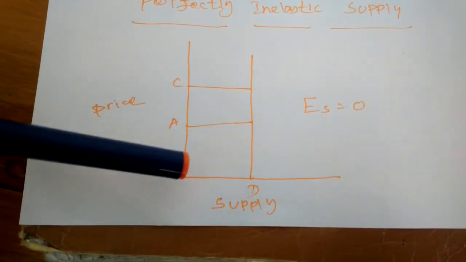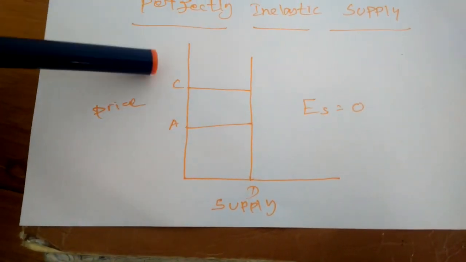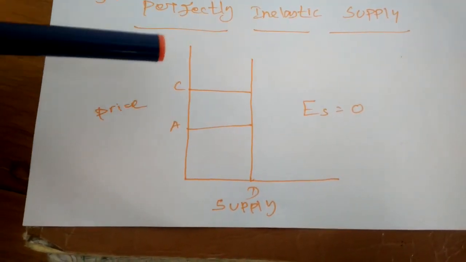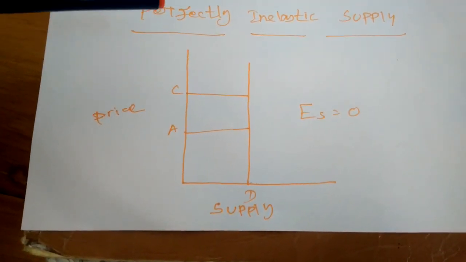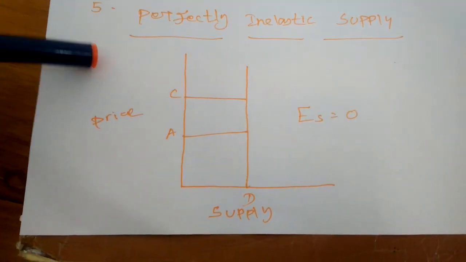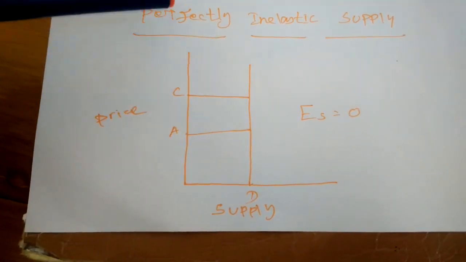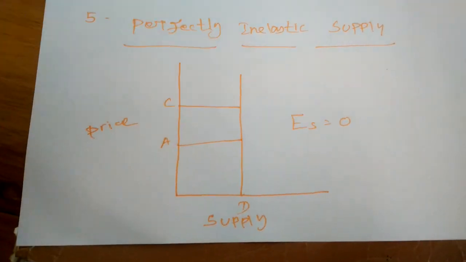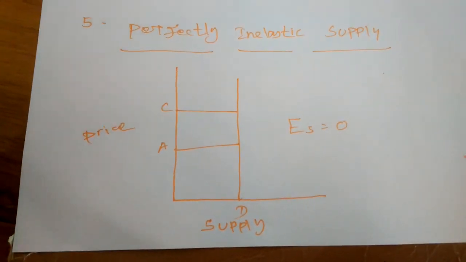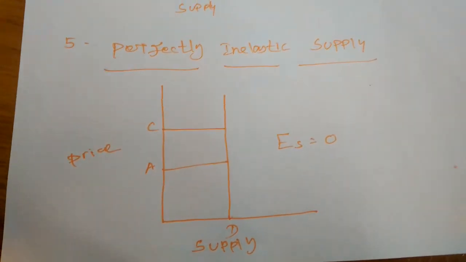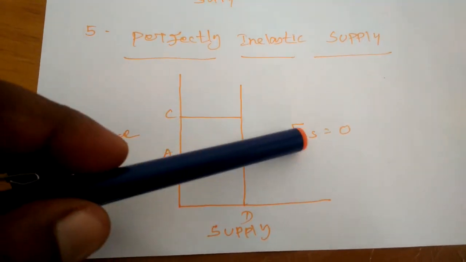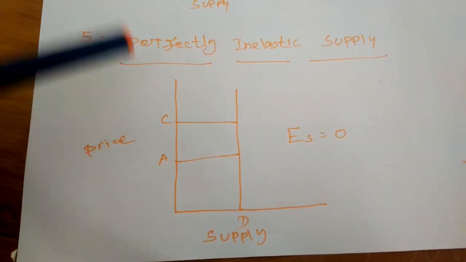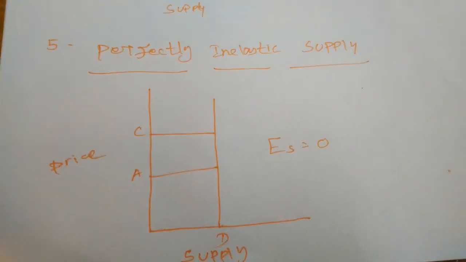We can take the price of salt: even if the price of salt increases, we will use salt as normal, as when the price of salt is low. So even if the price goes up more, the supply will never increase. So the supply is said to be perfectly inelastic when the elasticity of supply is equal to 0; there is no increase in supply on the basis of the increasing price.